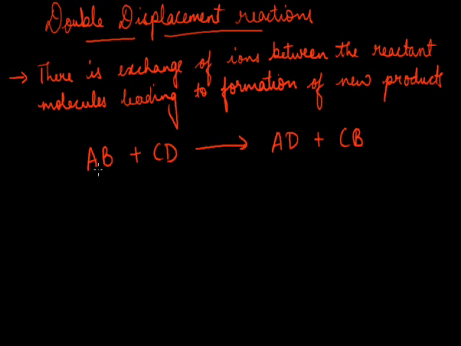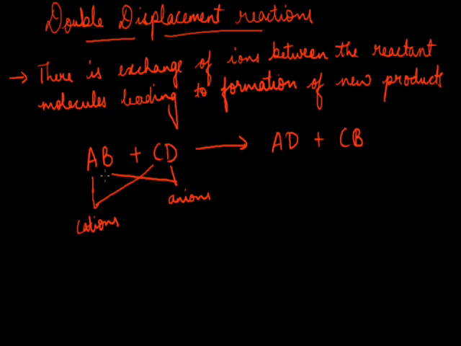Here A and C are cations, so their positions are exchanged, and B and D are anions. So we can say that either the cations have exchanged their position or the anions have exchanged their position.